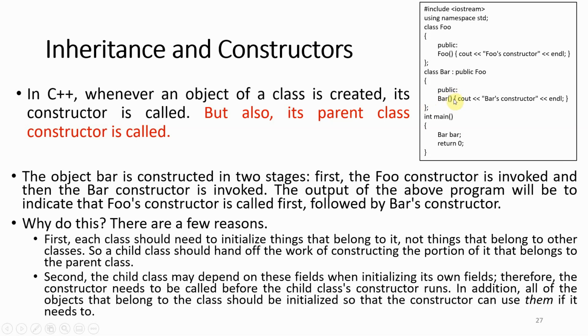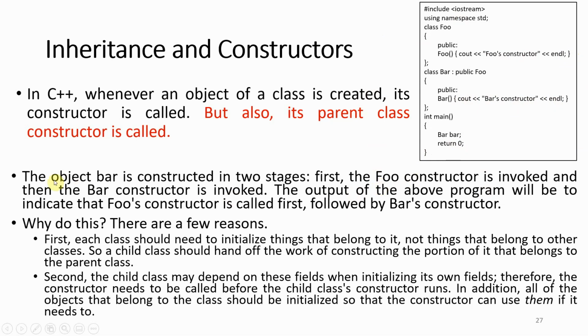So at this point, it's going to call the constructor for the super class or the parent class. It's going to go here, finish this one, and once it returns from this one, then it's going to go here. So if you run this program, it would print foo's constructor, then bar's constructor. So always the parent's constructor is going to be called first.